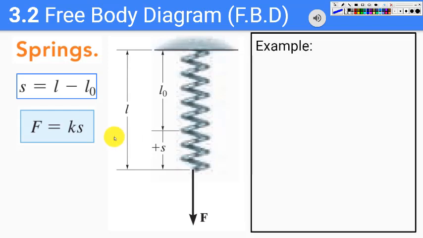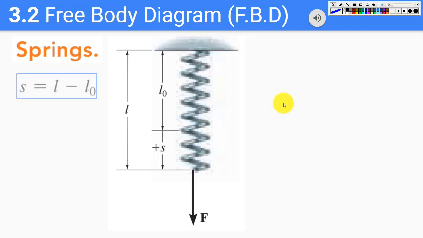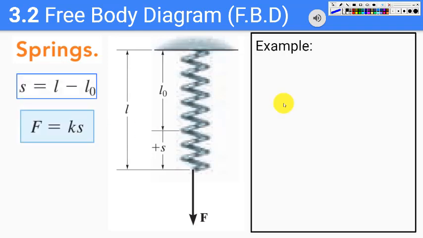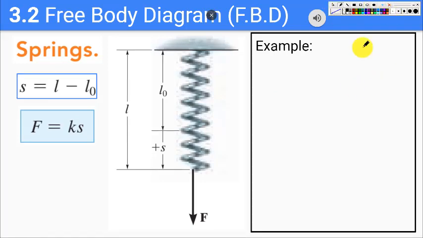So let's look at a simple example. The example that we are going to look at is for a spring. So we have a spring connected to a ceiling and which has a 5 kg load connected to it.